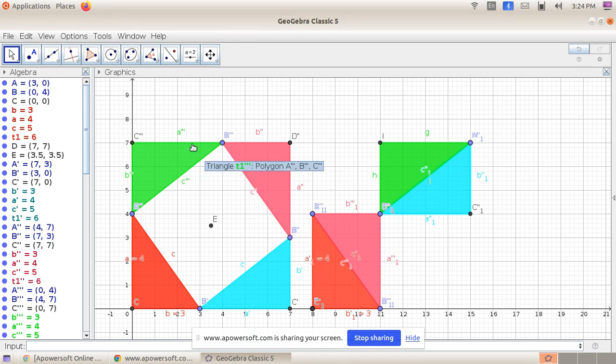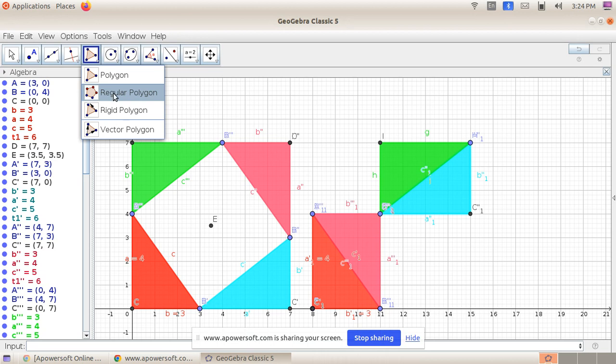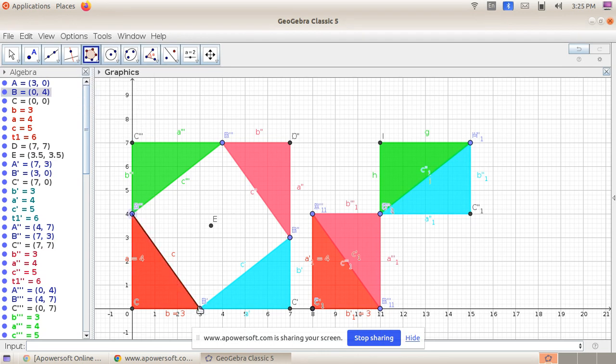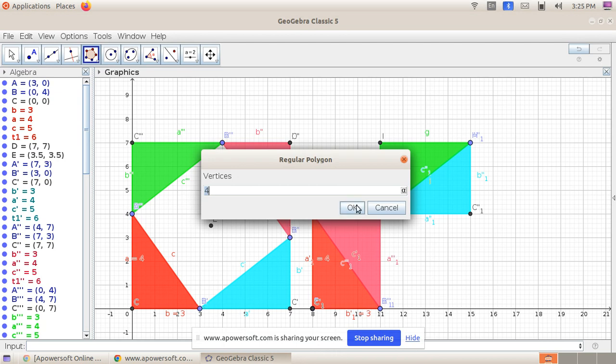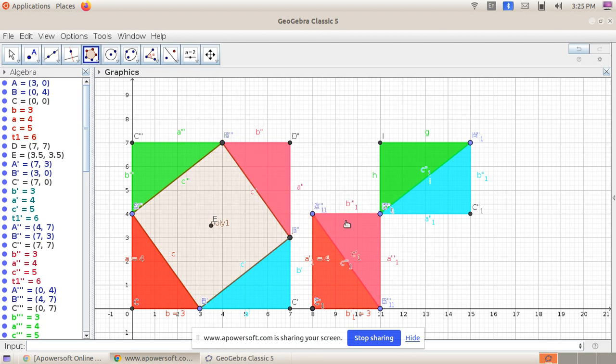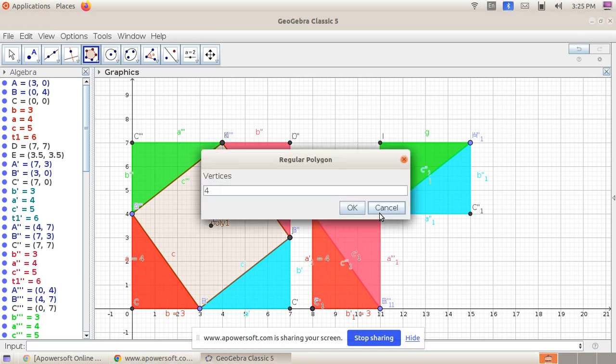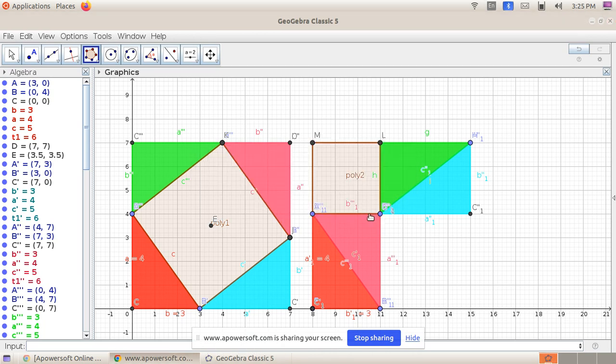Again, we can see a portion around this E. That's also I am going to plot using the regular polygon for vertices. Here also I am going to plot a regular polygon, here also.